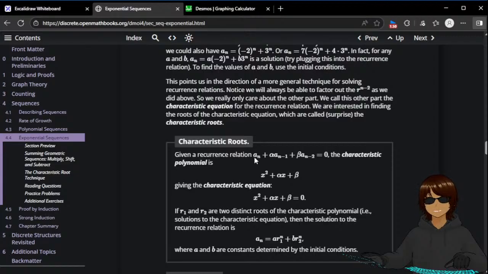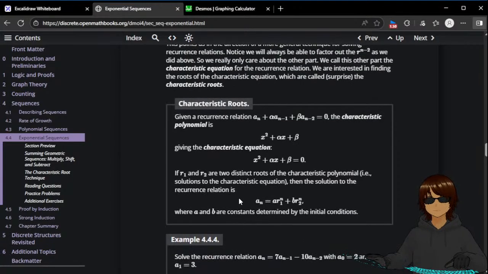Why are we replacing a_n by x squared and a_{n-1} by x and a_{n-2} by 1? Giving the characteristic equation x squared plus alpha x plus beta is equal to 0.